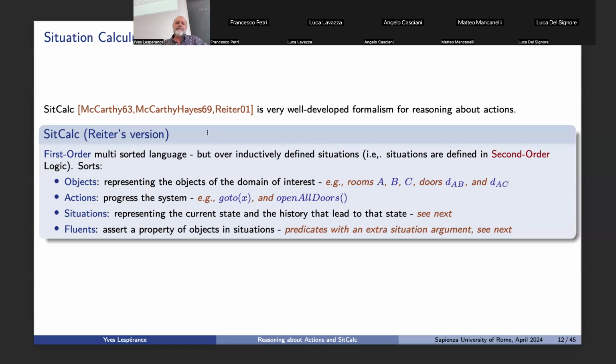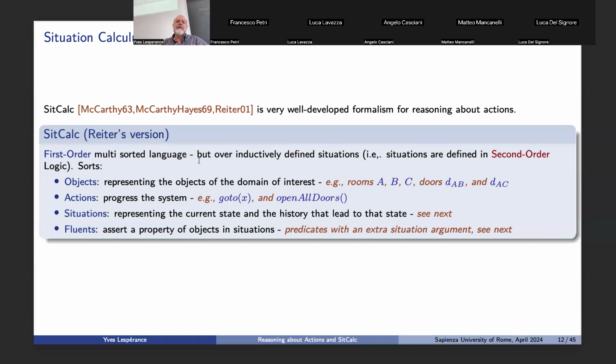So what is the situation calculus? Well, it's a first order language, and it's multi-sorted in the sense that you have different types of predicates, function symbols, and constants. You can think of it as a kind of typed first order language.